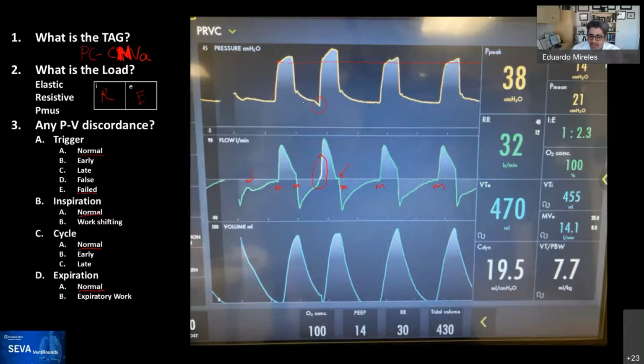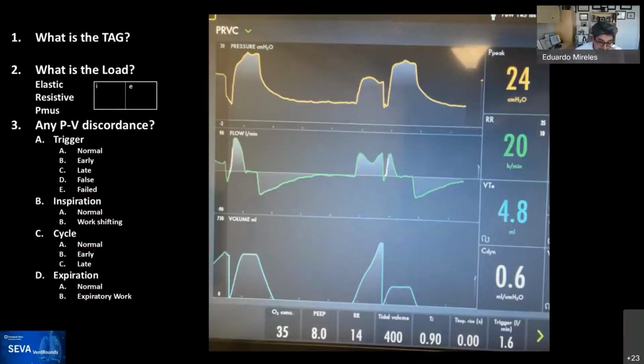I don't know how many of you have seen this, but I put another example here, again a PRVC patient. This is a classic early trigger situation in which you have the mandatory breath. It's triggered here, and it goes to a certain pressure. Then the spontaneous breath that the machine reads as the patient triggering it is still a mandatory breath because it's cycled by the machine.